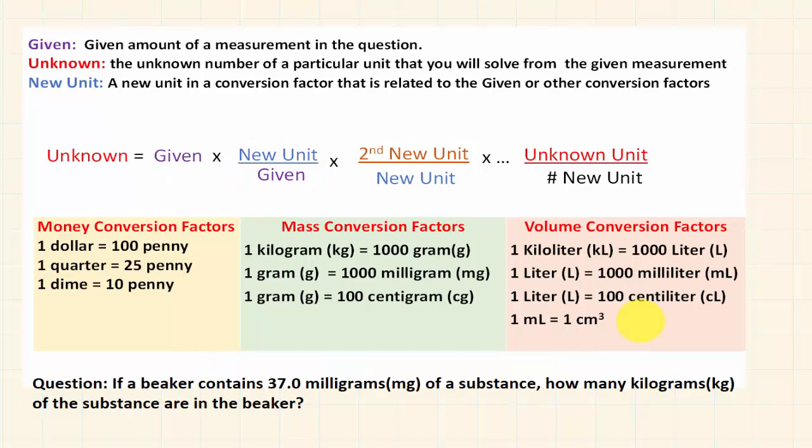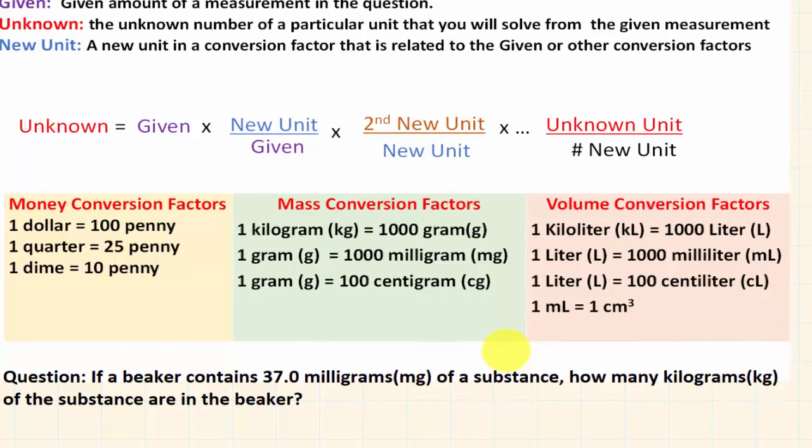Now let's try a challenging problem where we have to use more than one conversion factor. In this question, if a beaker contains 37 milligrams, which is abbreviated by mg, of a substance, how many kilograms of the substance are in the beaker?